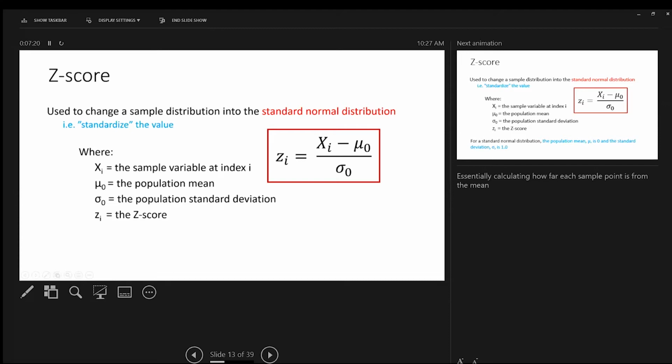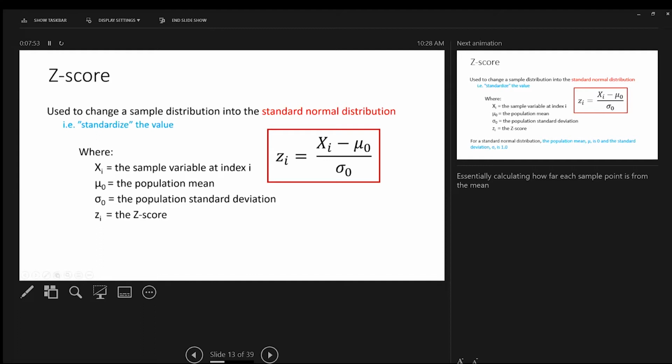And with populations, we can do that using a z-score. And this is used to change a sample distribution into a standard normal distribution. Or I suppose that even this word sample is a little bit misleading. The way that we're going to use it, it's a population distribution. It's like you've sampled every single individual in an area and you know the true population statistics.